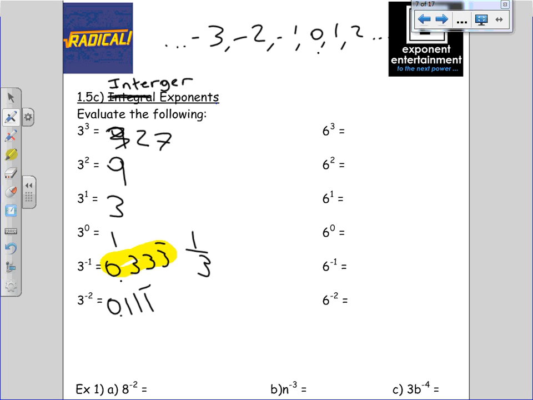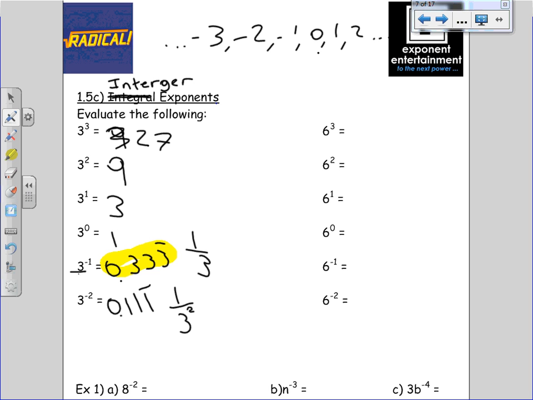So when you have a negative exponent, it means you can take the base that it's attached to and put it underneath, so it goes from numerator to the denominator. So you can take off the negative. 3 to the power negative 1 is just over 1. We just don't write divided by 1 because that would be a waste of time.